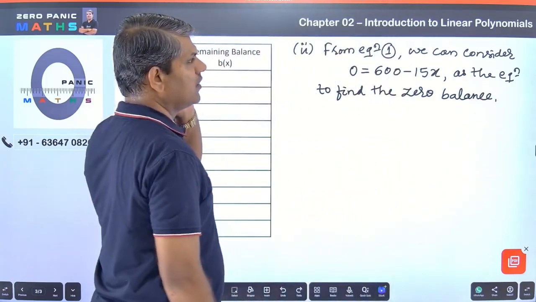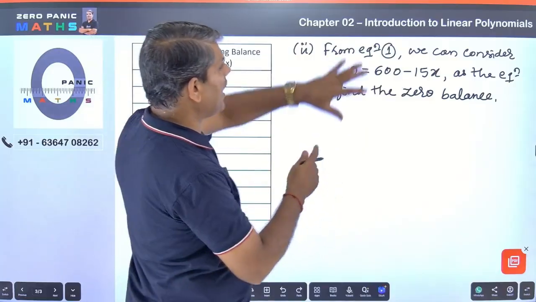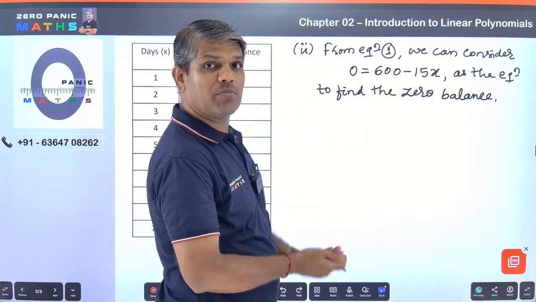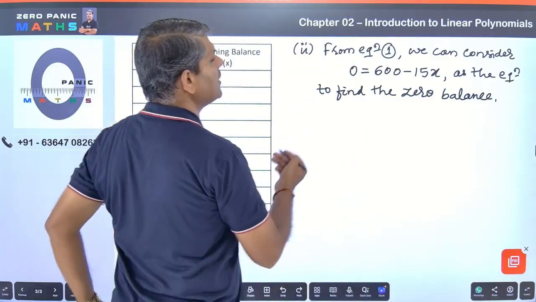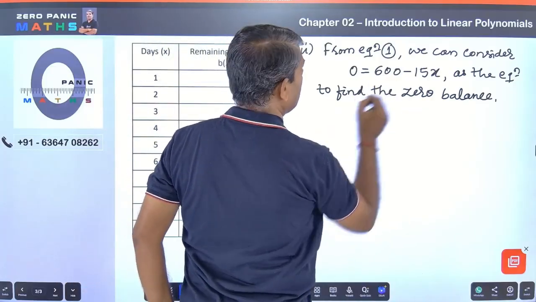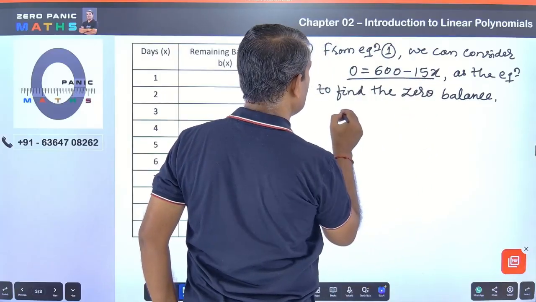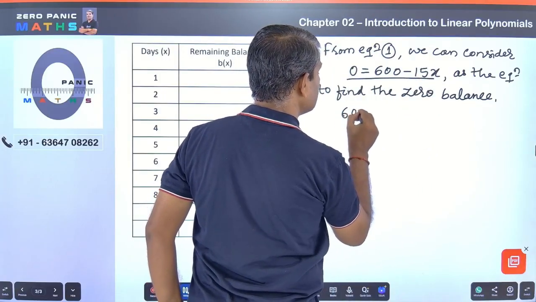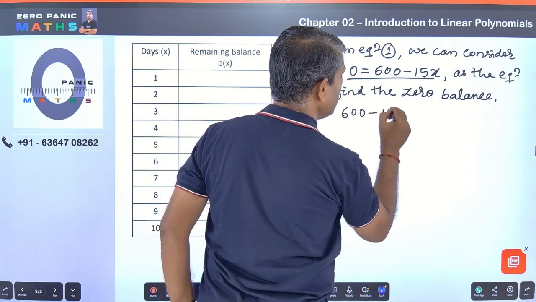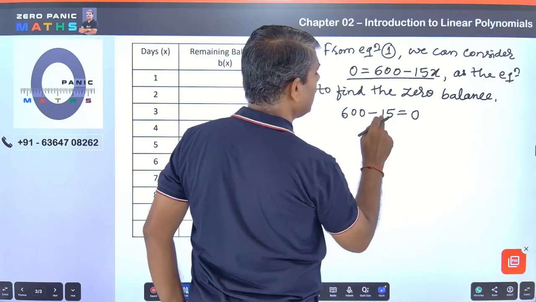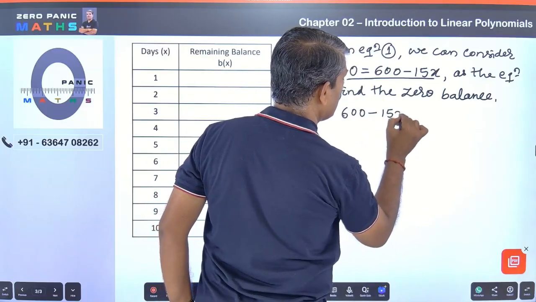You might ask why I'm writing in this descriptive manner, because the answer wants that descriptive answer. So here I can say 600 minus 15x is equal to 0. Sorry, I forgot x.